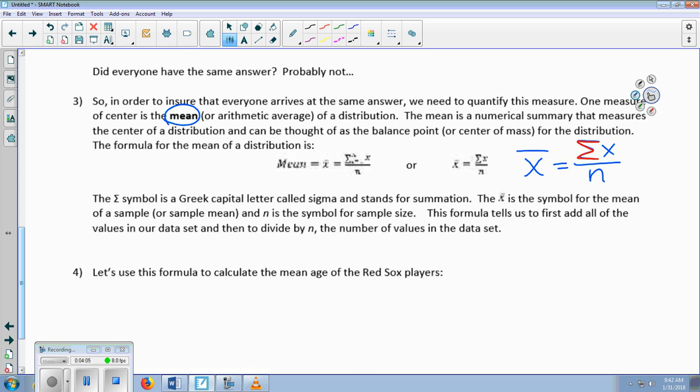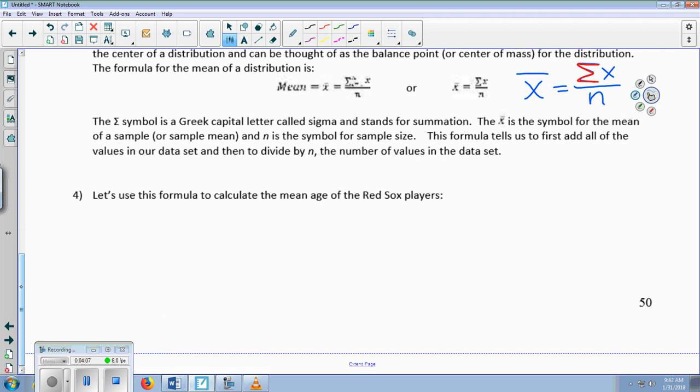Let's go ahead and calculate that together. We are going to find our mean. We want to get used to using our symbol for mean, X bar. Then we're going to sum up all the ages. We could just start at the top of the table and go down: 31 plus 23 plus 22 and keep going until we get to the last observation, which is 28.